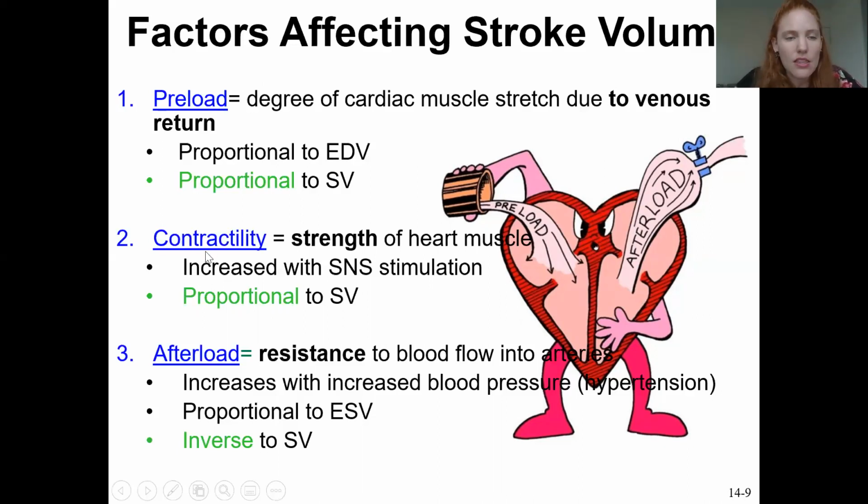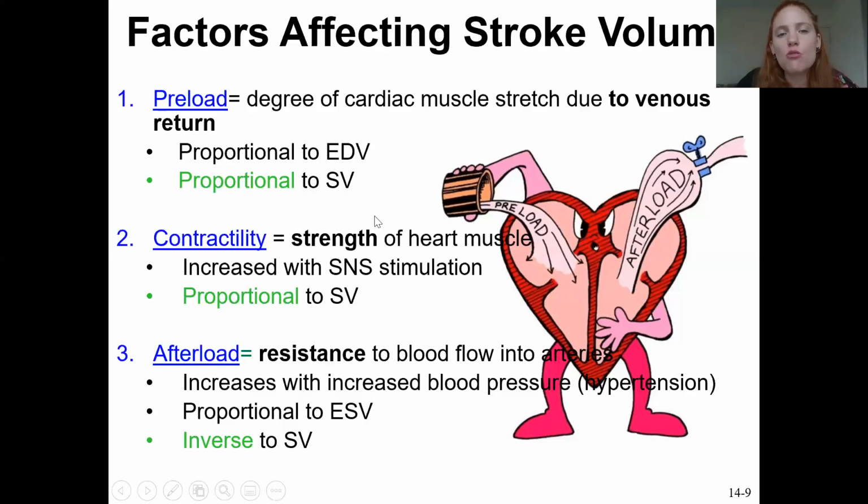Okay, the next one, contractility. Contractility is just a fancy way of saying force of the contraction. This is going to be increased with the sympathetic nervous system. The sympathetic nervous system can make the cardiac muscle contract with more force. That's why when you're exercising, your heart's really going boom, boom, if you can feel it. It's got a lot more force there.